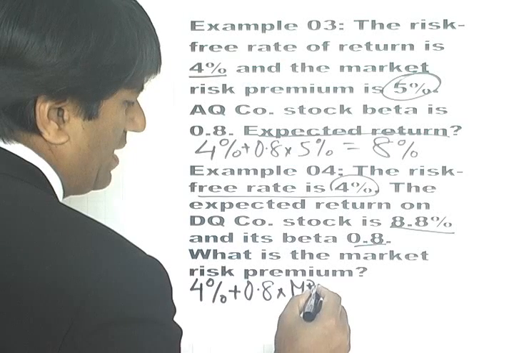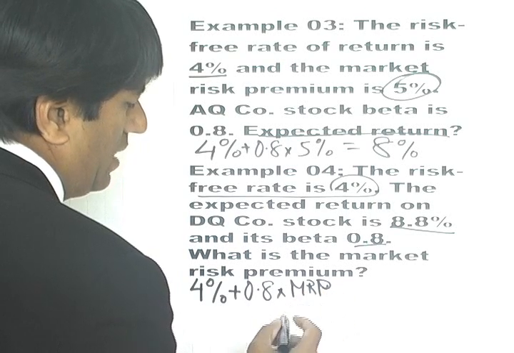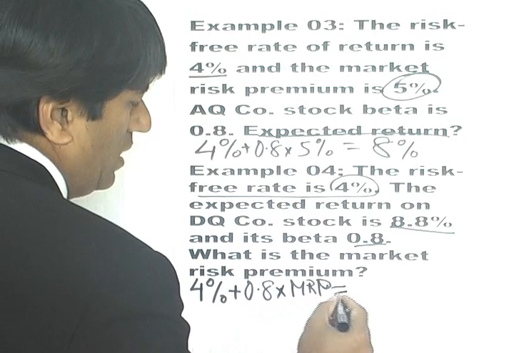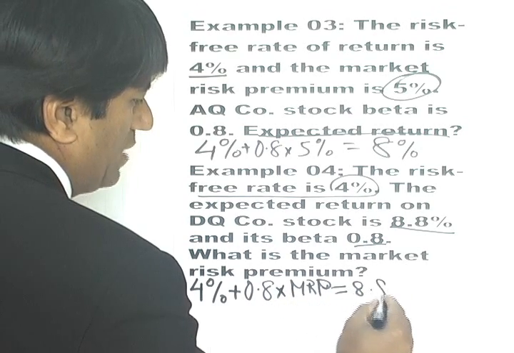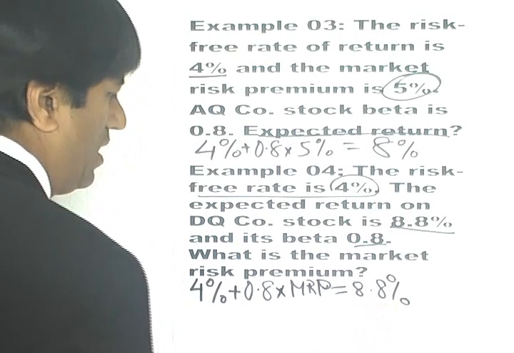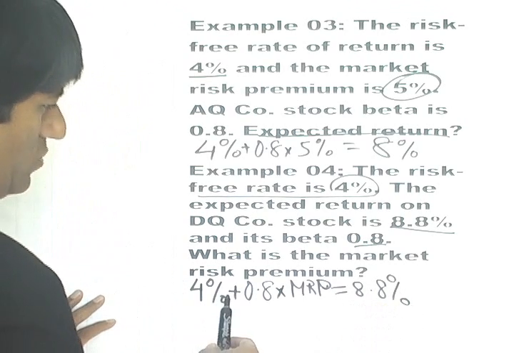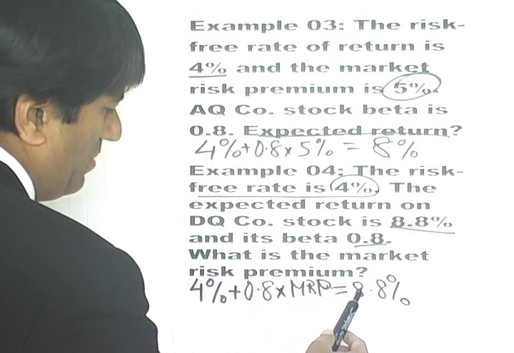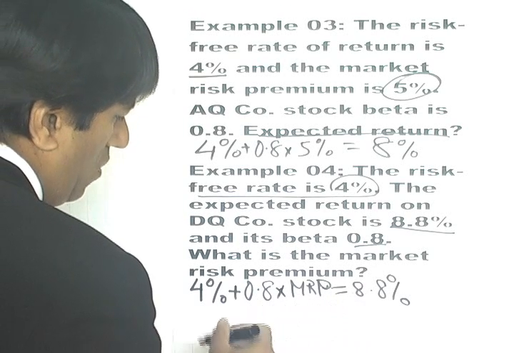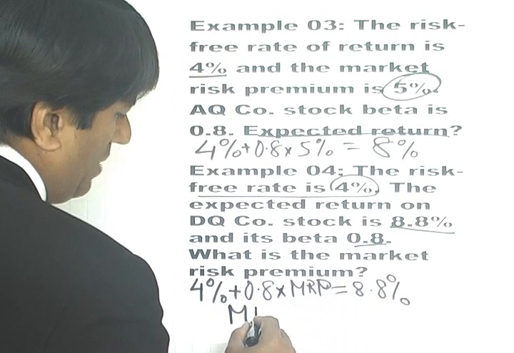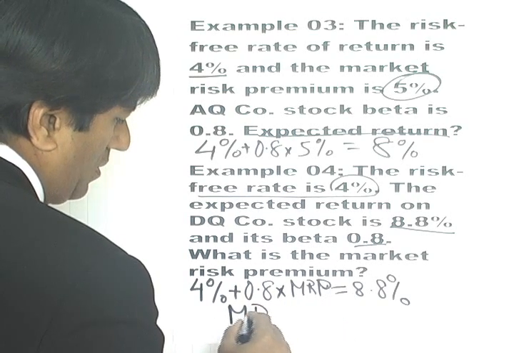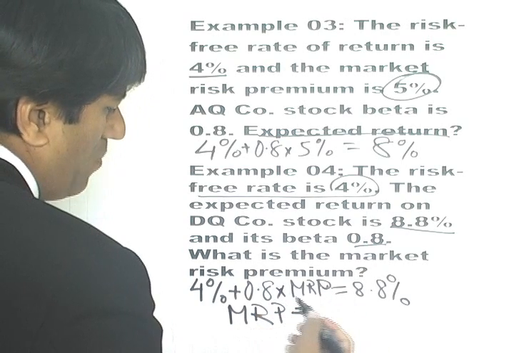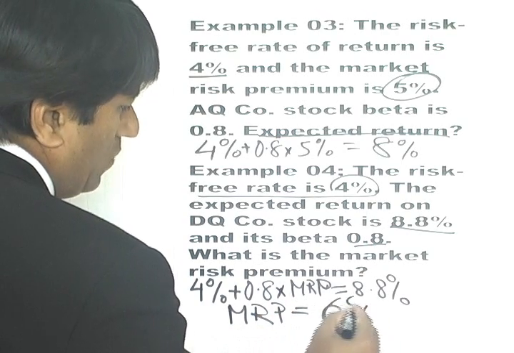So let me just call that MRP, let's say. 4% plus 0.8 into MRP equals 8.8%. And so you take this on this side, you get 0.8 into market risk premium equal to 4.8%, and that should give you market risk premium equal to 4.8 divided by 0.8, which equals 6%.